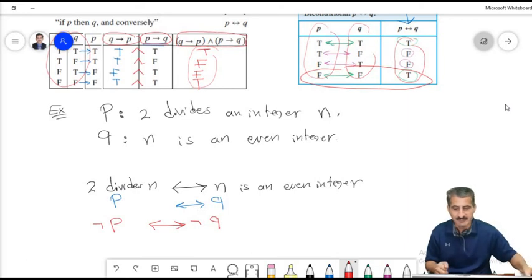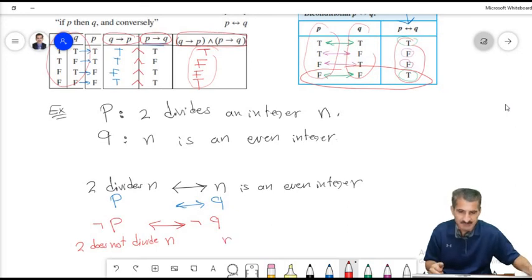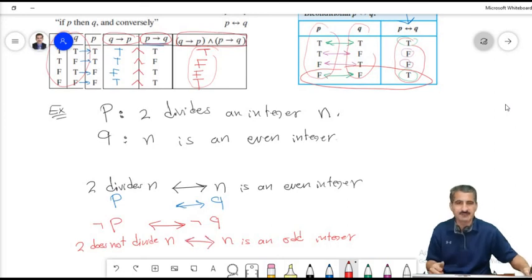So what the sentence will become? Negating P, that means 2 does not divide n. Negating Q means n is an odd integer, and these two statements are equivalent.